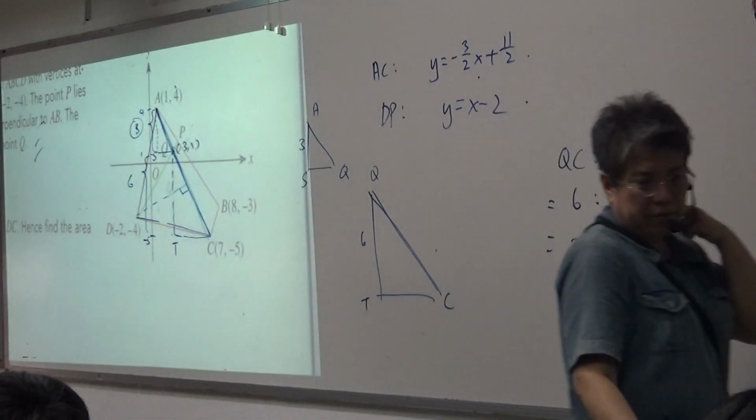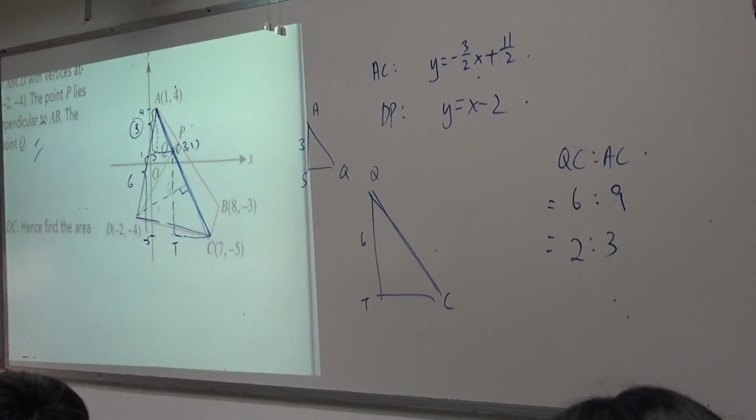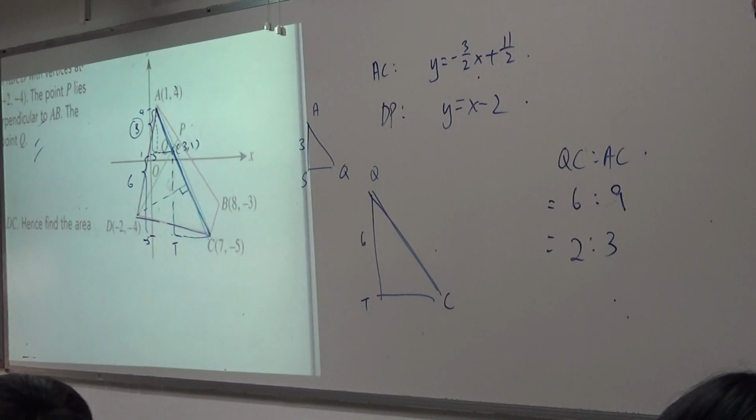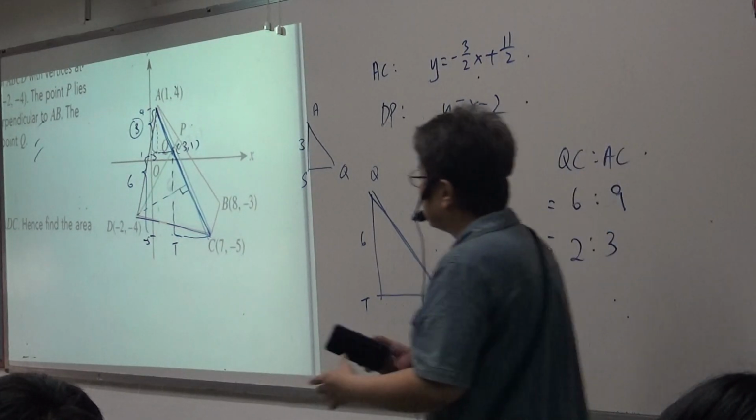Okay, now last part, really last part already. Find the area of the triangle ABC. All of you look at the diagram. Very messy diagram, so I'm going to clean up.